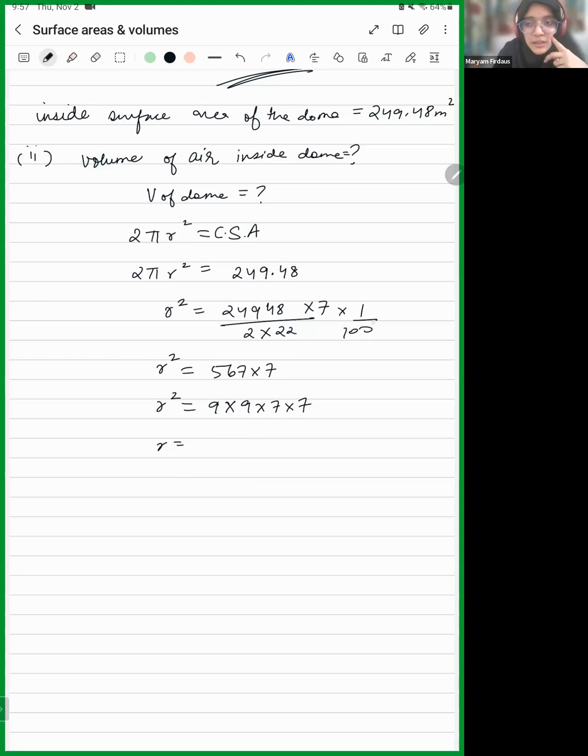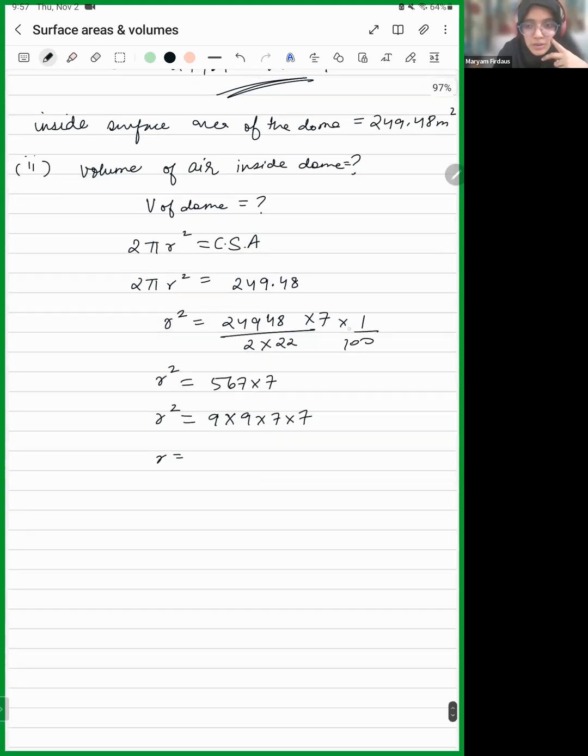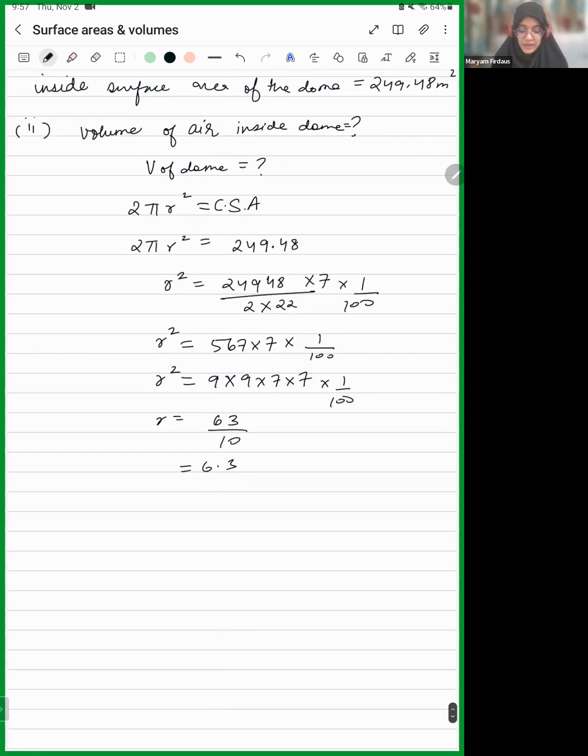No, you don't have to use long division. You can just use prime factorization. I will tell you in just a minute. See, what are you getting R square as?